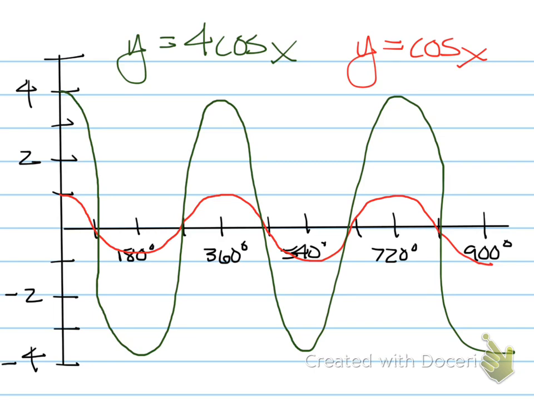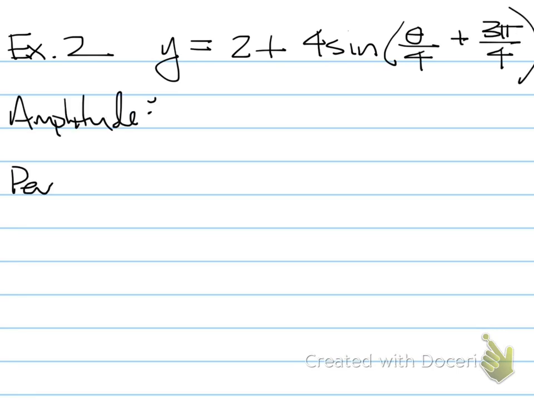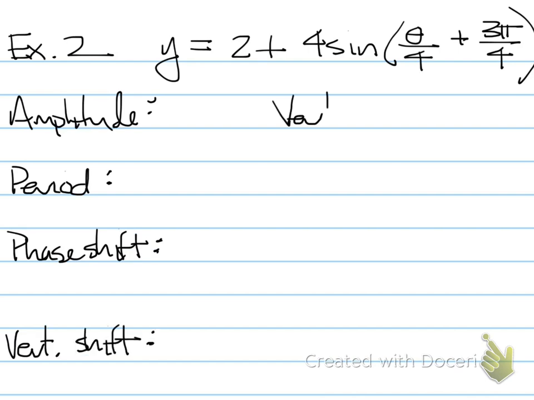So that makes the maximum value 4, the minimum value negative 4. And then if we're adding 1 outside the parentheses, that would shift this green graph up 1 unit. And then the quantity inside the parentheses would shift it to the left 330 degrees.